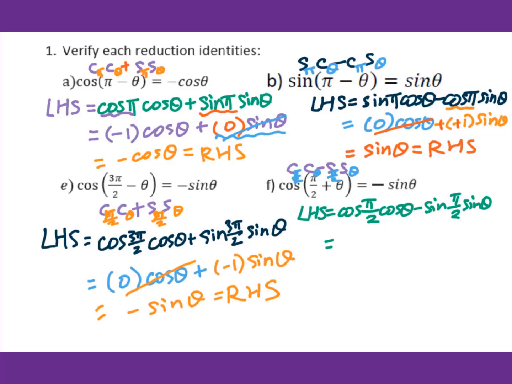Plug in cosine pi over 2, that's 0, cosine theta, minus sine pi over 2, that's 1, times sine theta. You will get negative sine theta, equals right hand side.